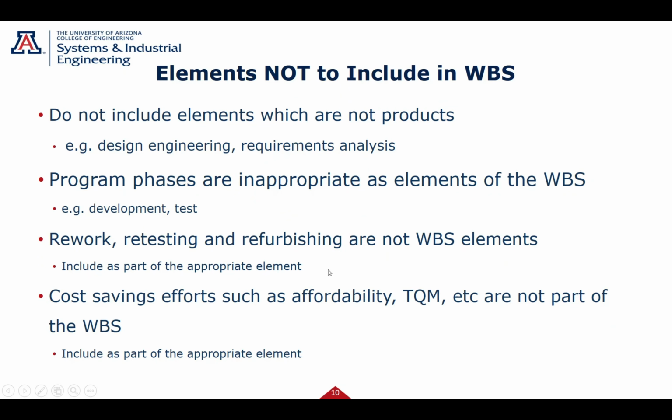You don't have on there a box to refurbish software or something. Cost saving and affordability things also aren't on there. They might be tasks underneath it, but they're not a specific deliverable. What does a deliverable mean there?